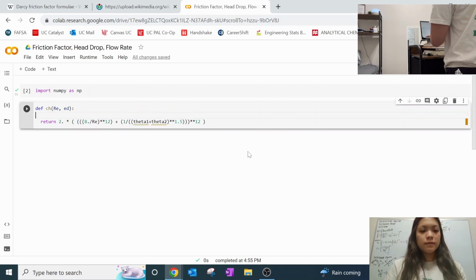And then so we have some terms that are undefined, as it's showing us. We have theta1 that's undefined.